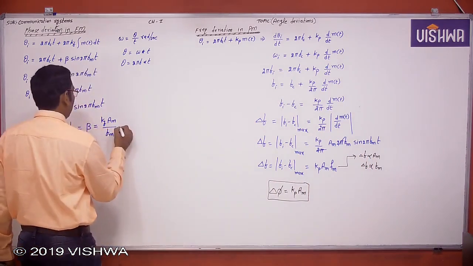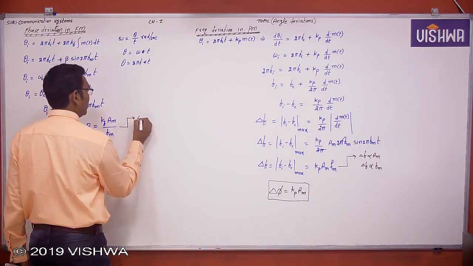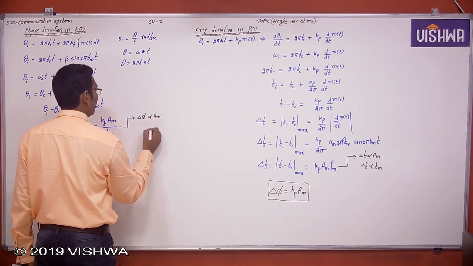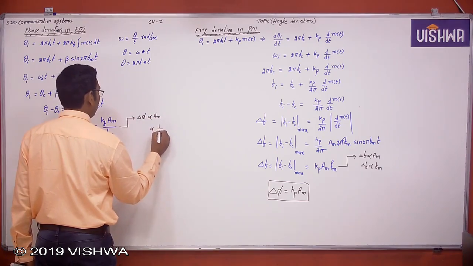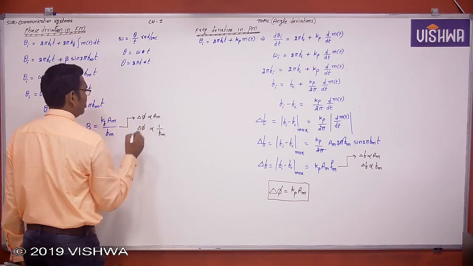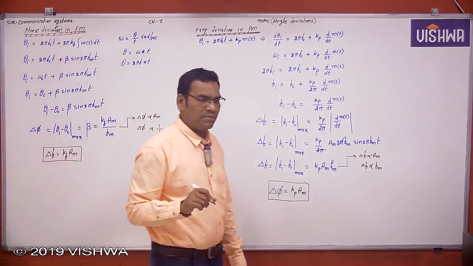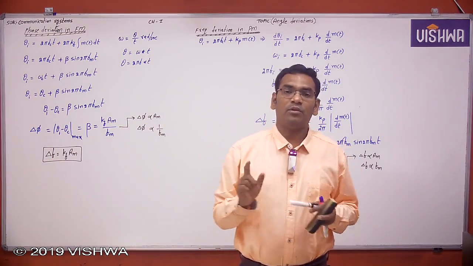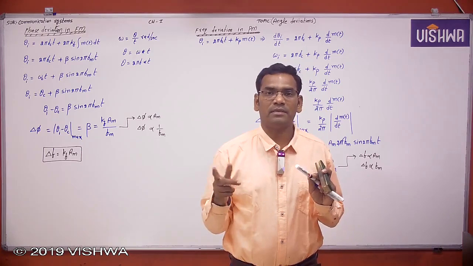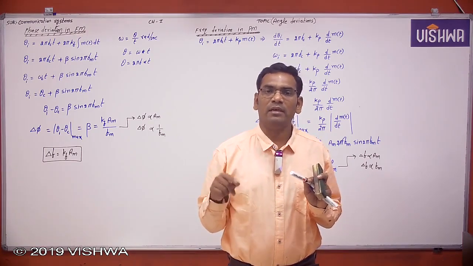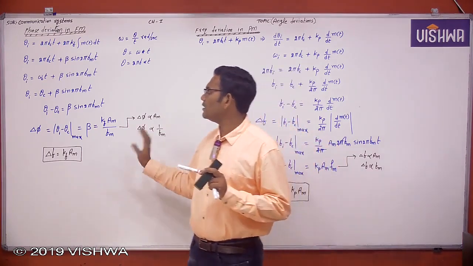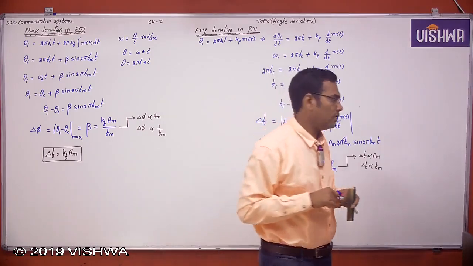The phase deviation depends upon the amplitude of the message signal and also upon the frequency of the message signal. Sometimes you get confused. In the question, frequency deviation in frequency modulation and phase deviation in phase modulation are usual, but the reverse, frequency deviation in phase modulation and phase deviation in frequency modulation, may be asked. If any question is related to that, remember these formulas and move further accordingly. Okay, note down.